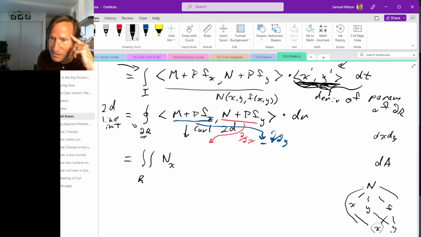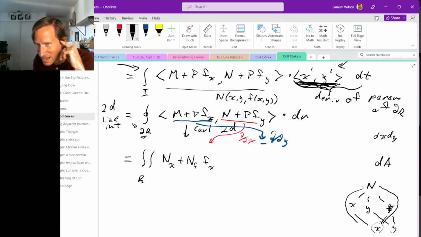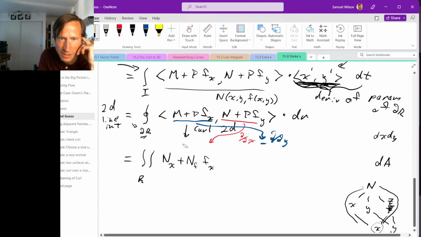And then there's this path, which gives us, plus the derivative of n with respect to z times the derivative of f with respect to x. I'm sorry, I shouldn't have f here, I should have z here. Z is f of x y, so this f should be a z.